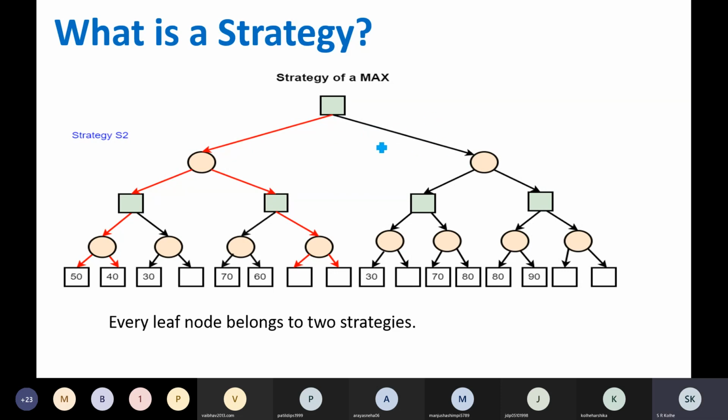Suppose max has made this move, then whatever move min makes, max will have a corresponding answer. So strategy S2 I can show in this way. If max makes this move, whatever move min makes, max has an answer.